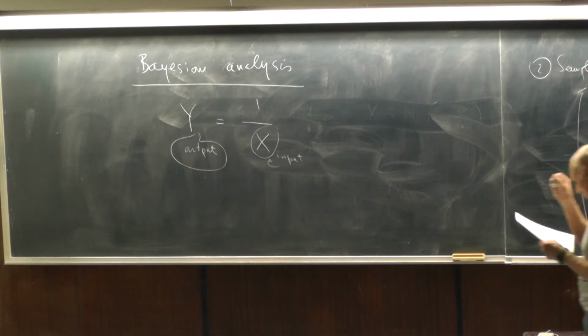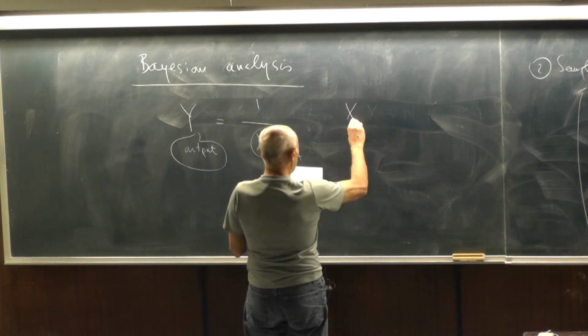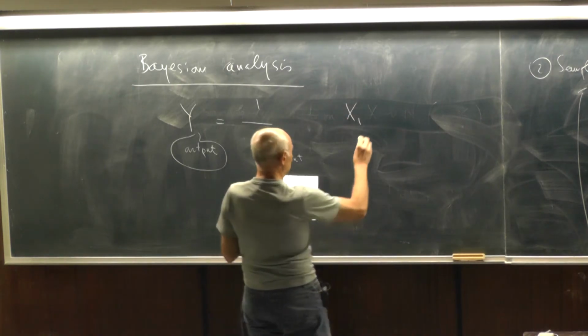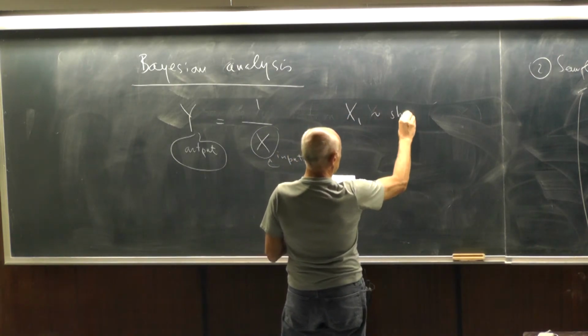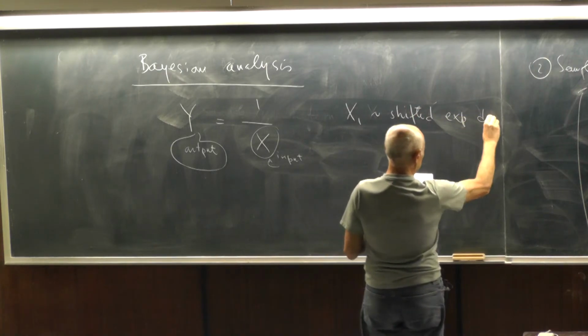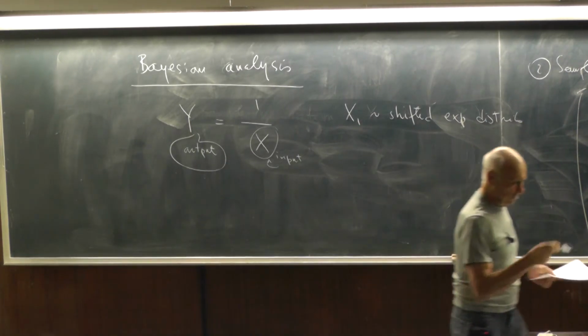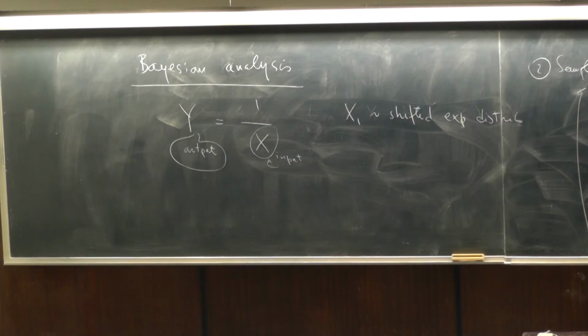Okay? So the setting is the following. X1 is a shifted exponential distribution. So let me draw a picture and write the formula for such a thing. You know, I have to shift it away from 0 because 0 stiffness means you have no beam. So that's ridiculous, right? So you have to make it a little bit more meaningful.